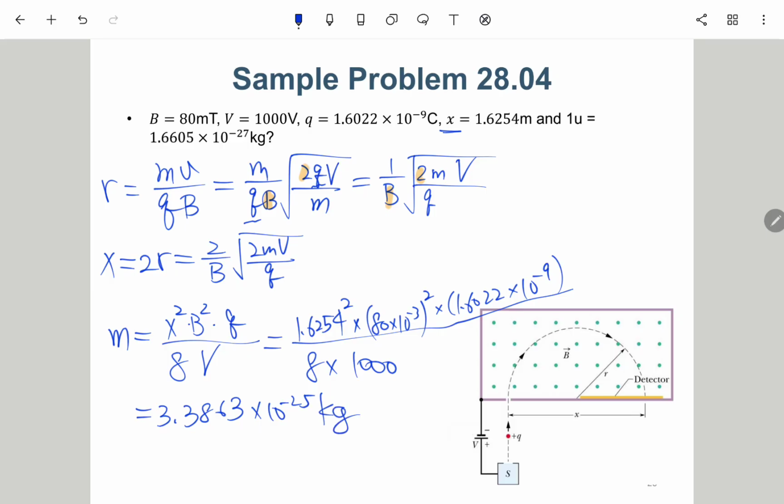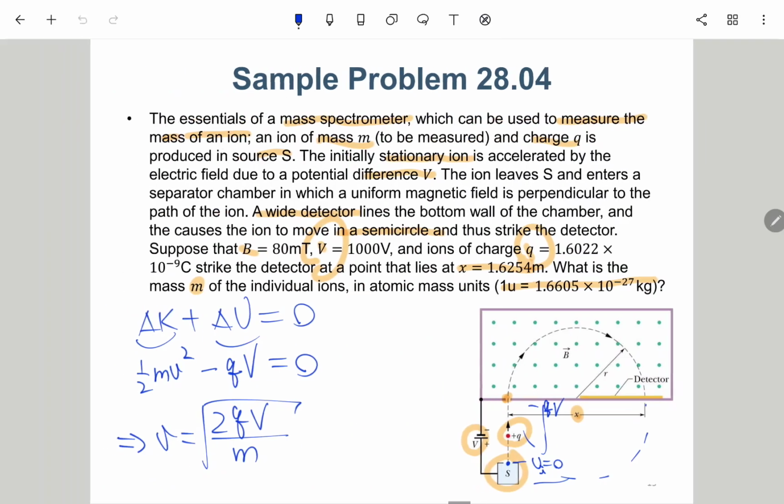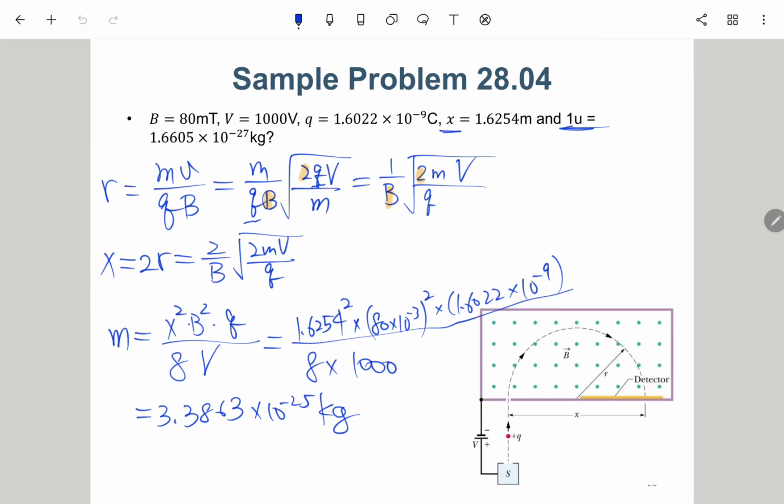And then it asks you to represent it in the mass unit, like the mass of a proton or a neutron. This is nothing but 203.93 u, roughly 204 u.